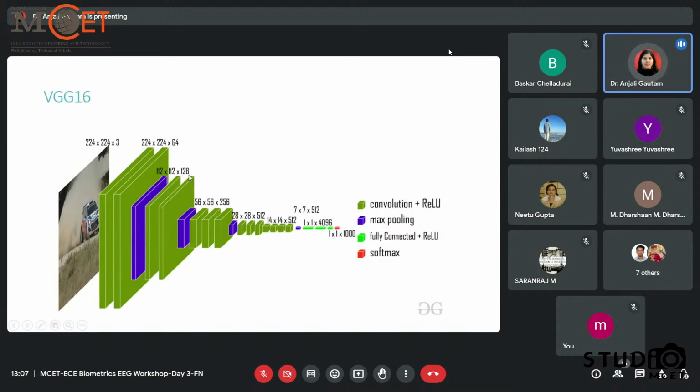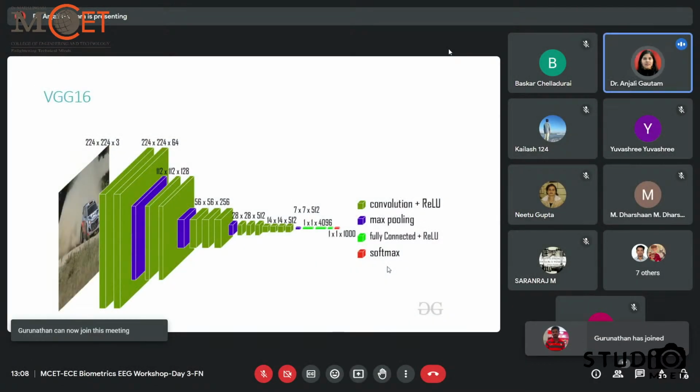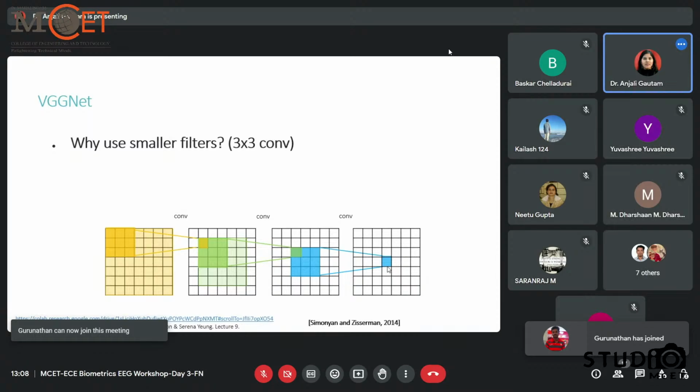Then the number of filters they have chosen as 128, and same like this. So this is the final VGG 16 architecture. This has been utilized by so many people, and still many people are using it with different variants.